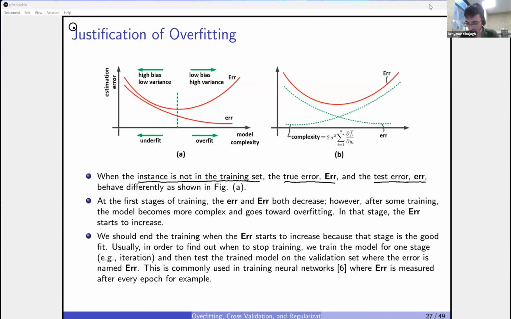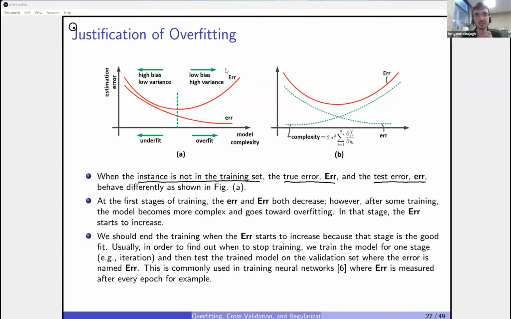Okay, sorry. There was a typo in this slide, so I paused a bit and thought about it. When the instance is actually in the training data set, the true error and the test error behave differently.